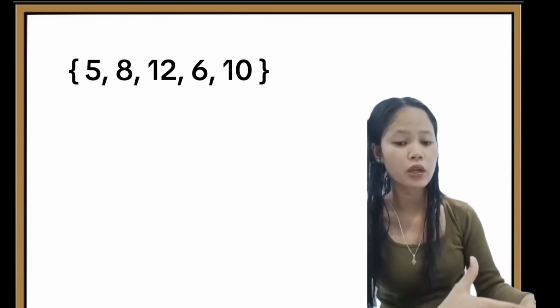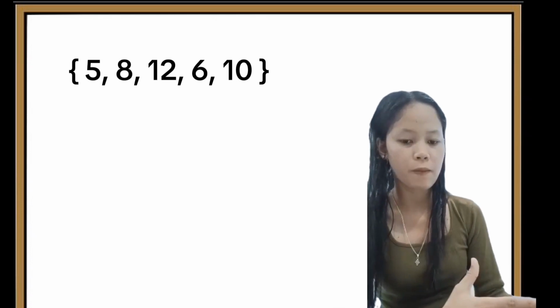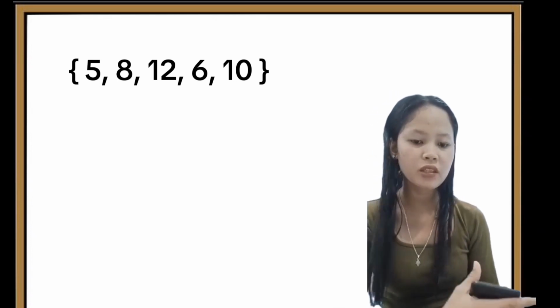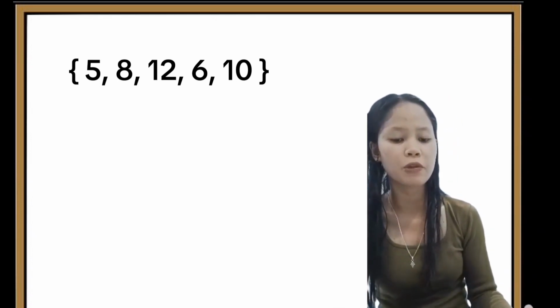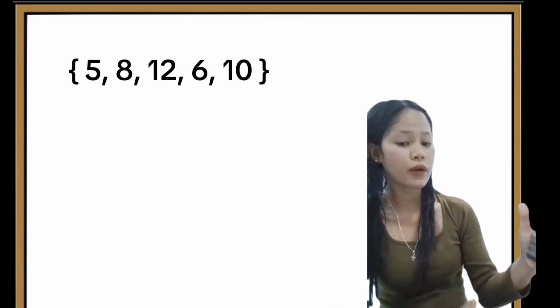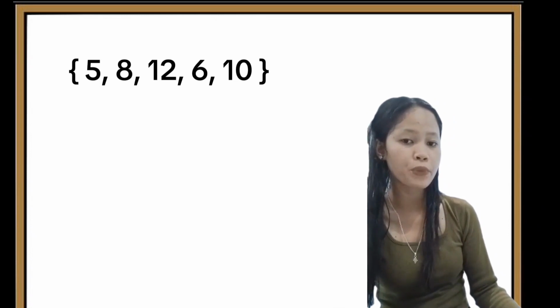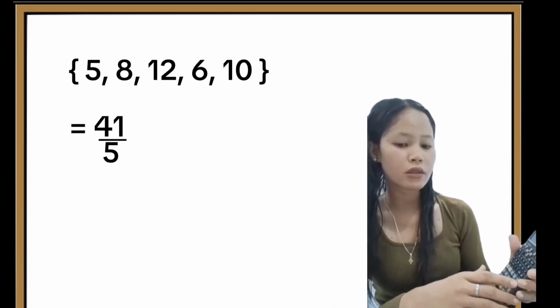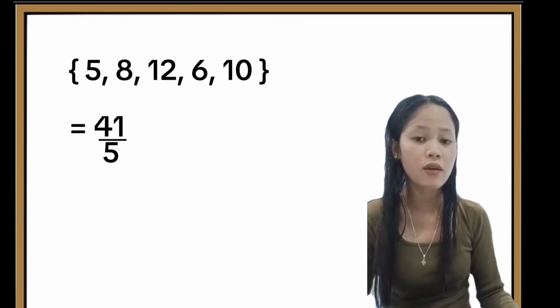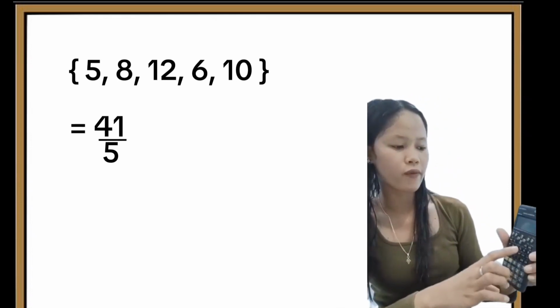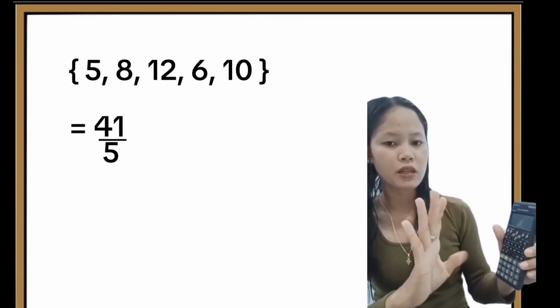In the third step, divide the sum of the values by the total number of values. In our example, we divide the result, which is 41, by the number of values, which is 5, because there are 5 values: 5, 8, 12, 6, and 10.